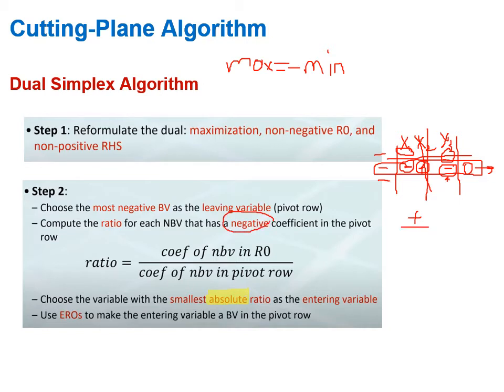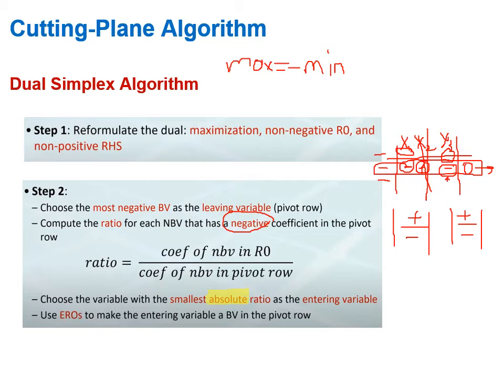So positive divided by negative, the result will be negative. But while comparing two ratios, ratio of x1 to ratio of x2, we take their absolute values and compare those absolute values, not the negative numbers. And we select this as the entering variable.